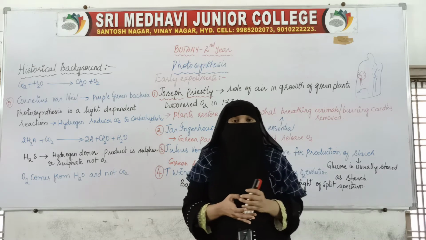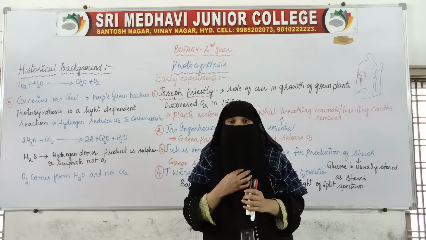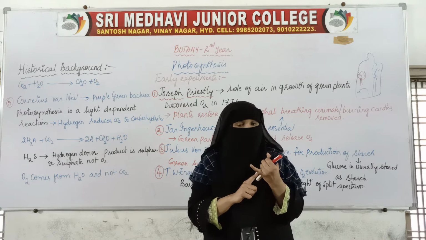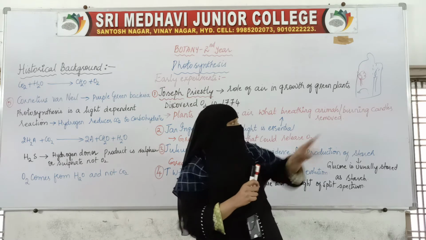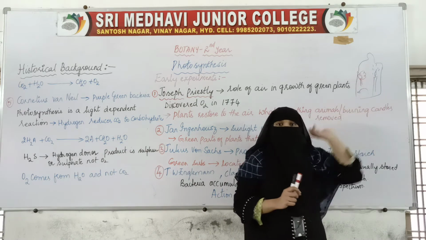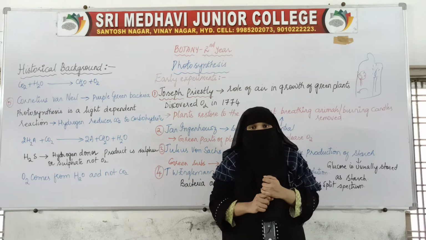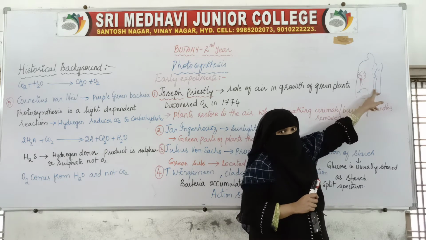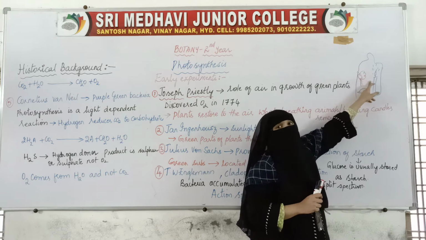When the small mint plant was put, all three of them survived even when the bell jar was closed, and the candle kept burning. So he deduced that whatever the mouse and candle had removed from the air, the mint plant had provided.